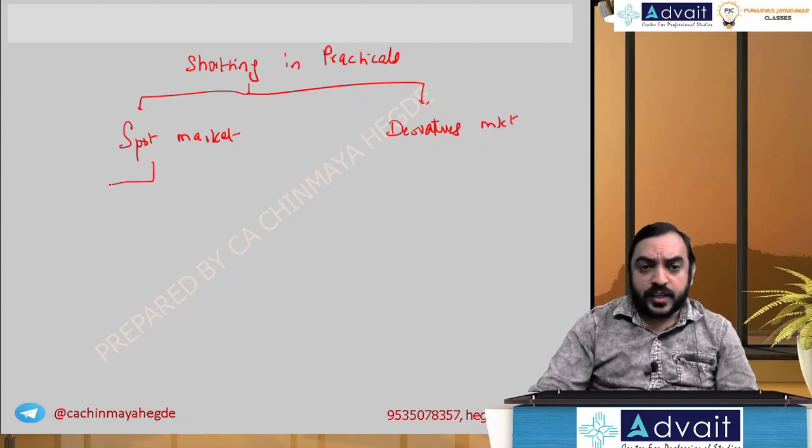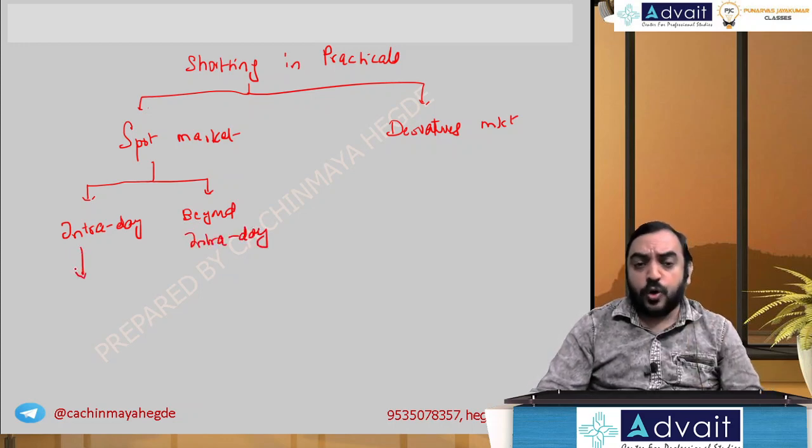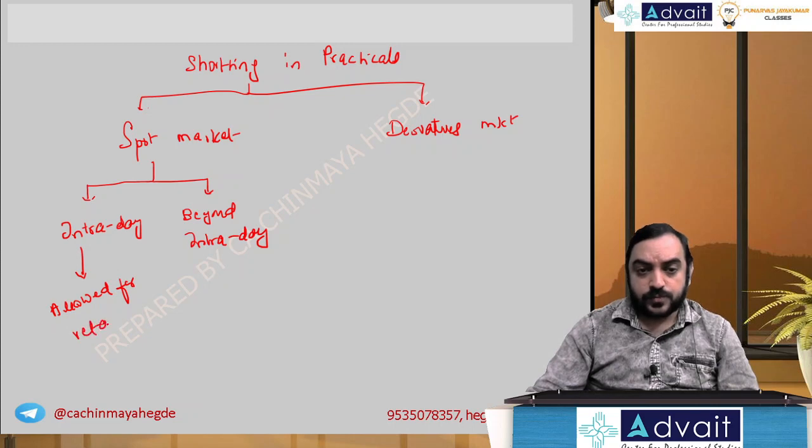In spot market, we can do either intraday or positional, more than intraday, beyond intraday. Intraday is allowed for retail also, and also you get margin.